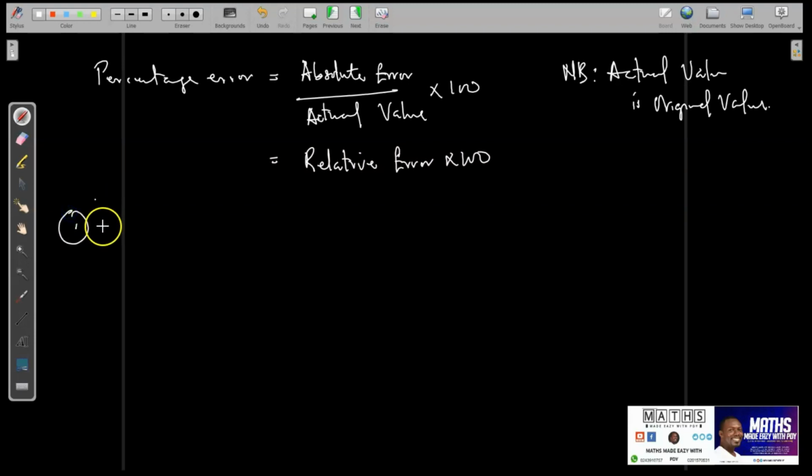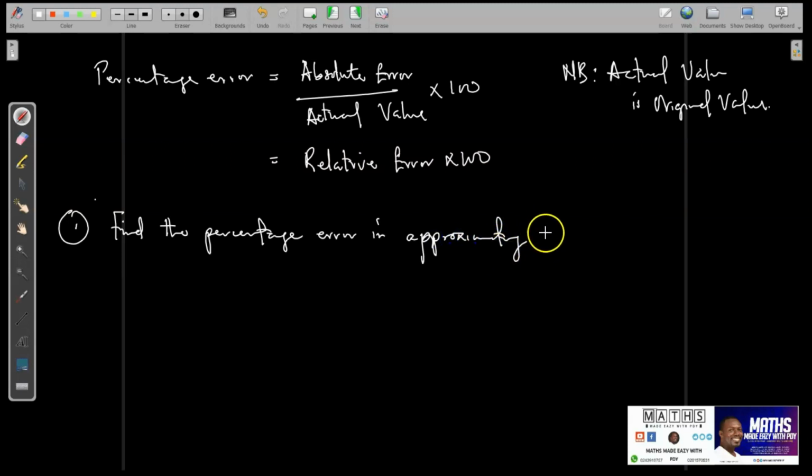Number one is find the percentage error in approximating 2.7 as 3.